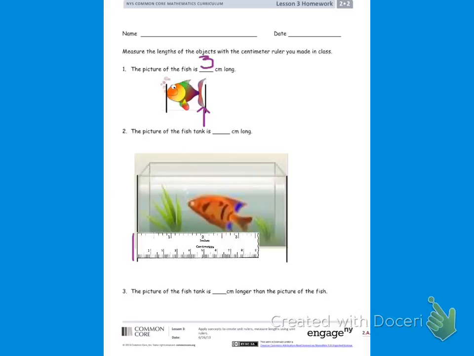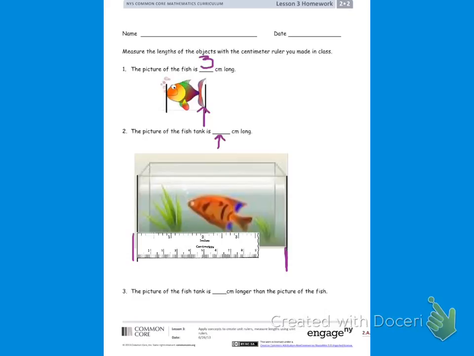And then whatever number comes at the end where this line is here is the way you'll be able to tell how many centimeters long your fish tank is. And then you record it right here.